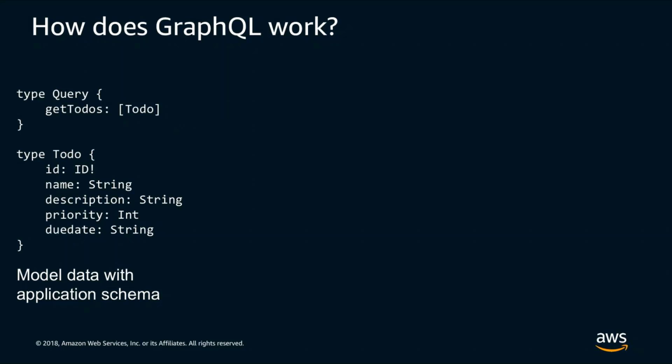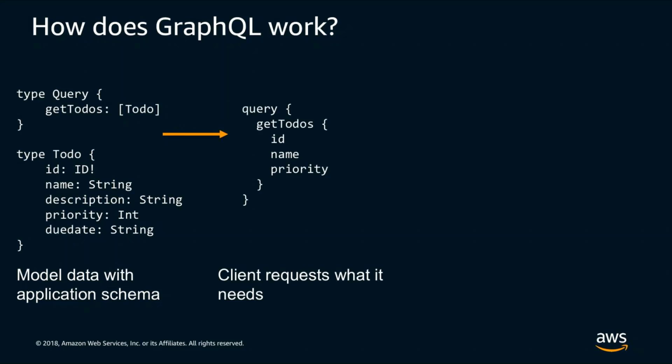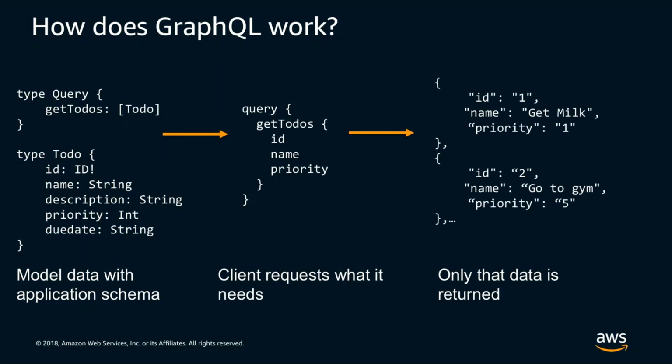Now, the user or the client would run a query against the schema by making a call via HTTP or any other transport mechanism. And the server sends a response, and notice that only the data that is requested by the client gets returned back to the user.